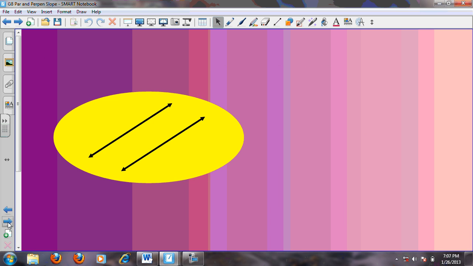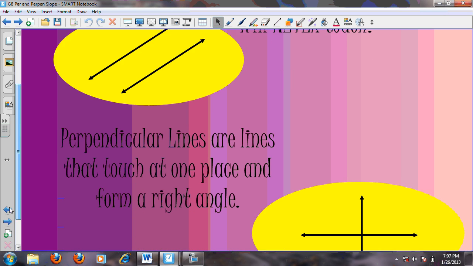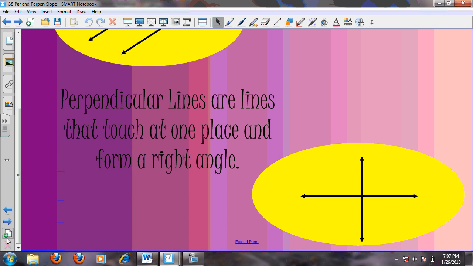Hopefully, you have said parallel lines are lines that will never touch, like railroad tiles, the things the trains go on, like the lines on the edges of the road. Parallel lines. Perpendicular lines. Hopefully you said they are lines that intersect and form a right angle.